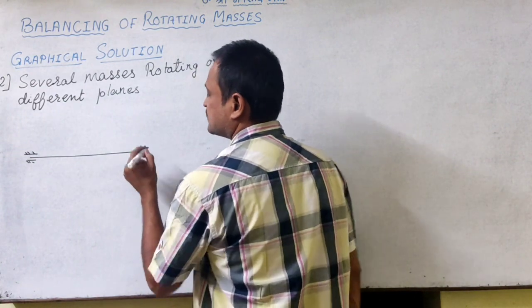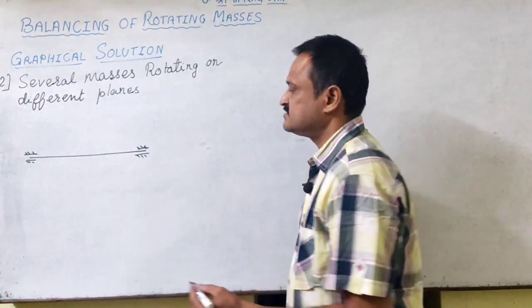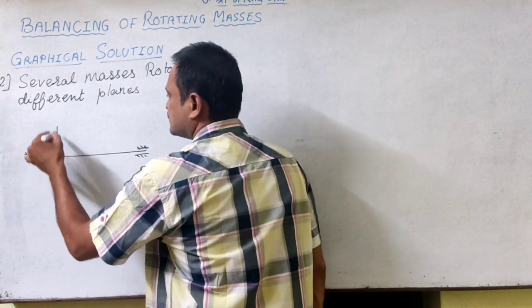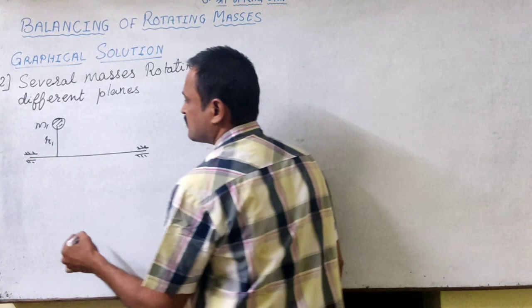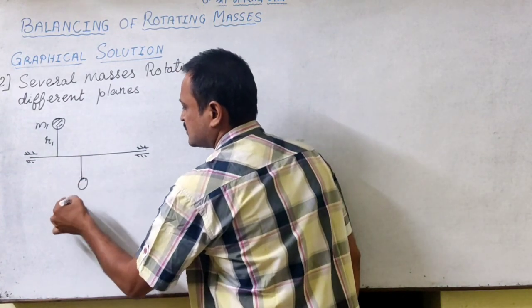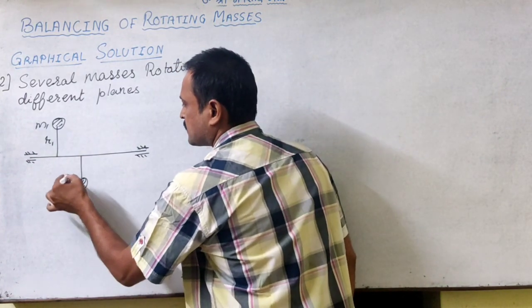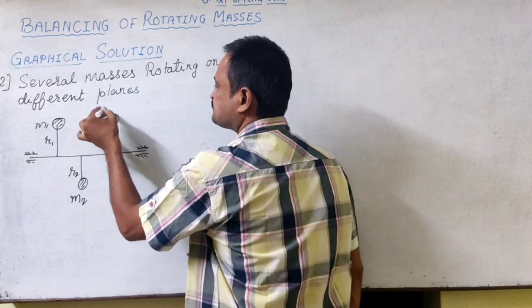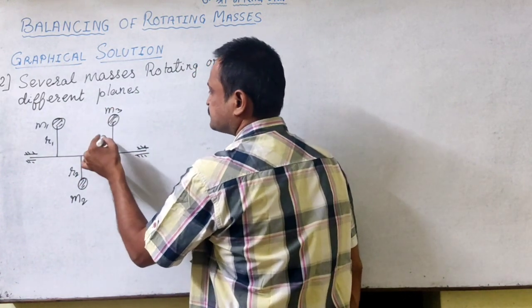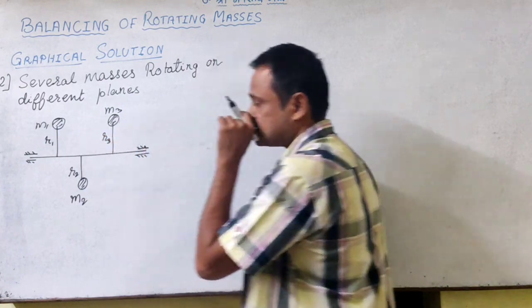so let us consider only 3 masses in this case, just to understand. So this is, say, mass 1 at R1, this is mass 2 at R2, and maybe this is mass 3 at radius R3.